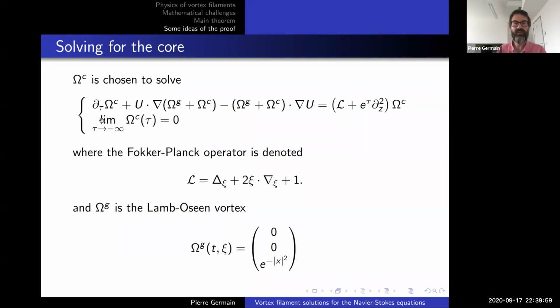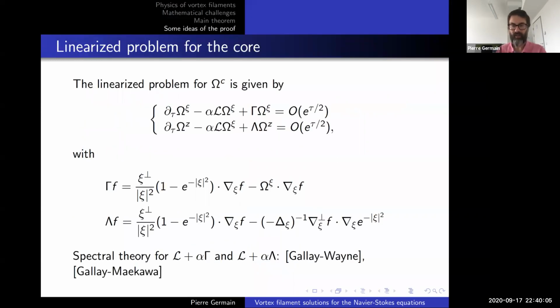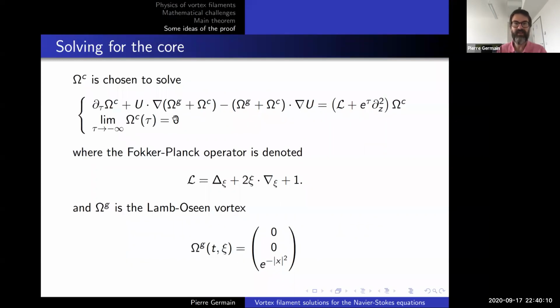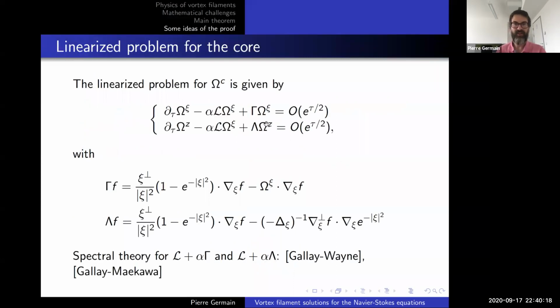So this is what the core is solving. And of course, the first thing to do is to understand the linearization around omega g, which is the big piece in there. So the linearized problem for the core is as follows.